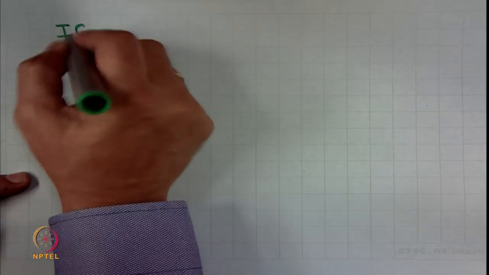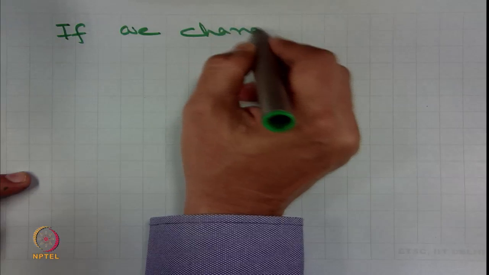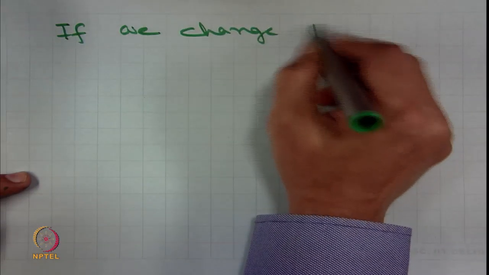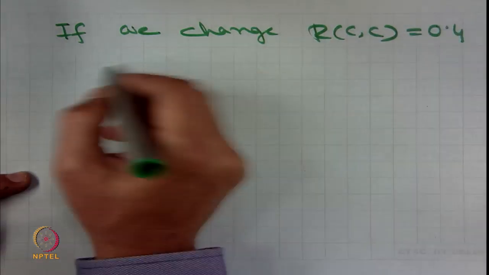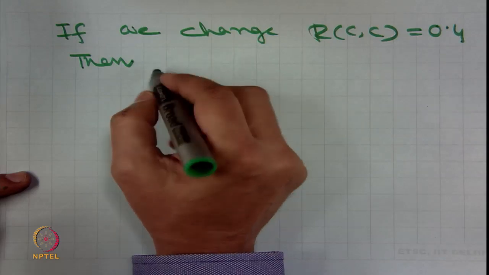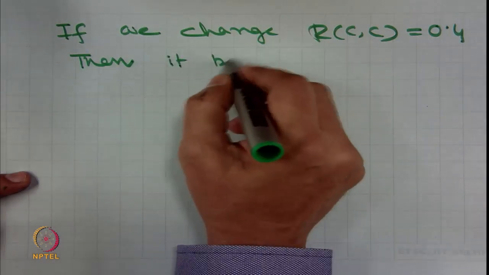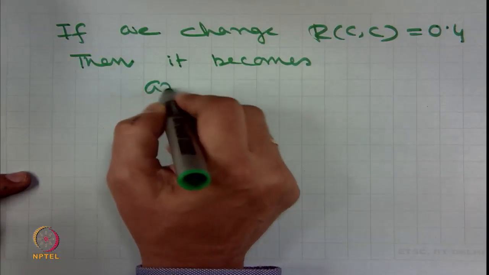If we change R(c, c) to 0.4, then it becomes anti-reflexive.